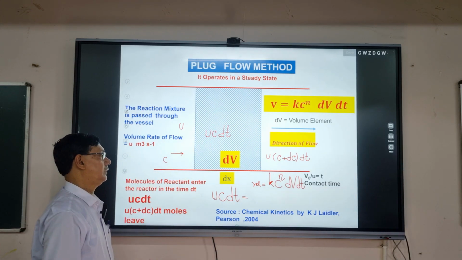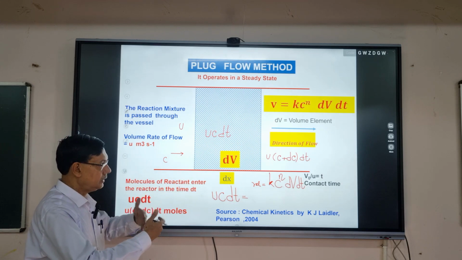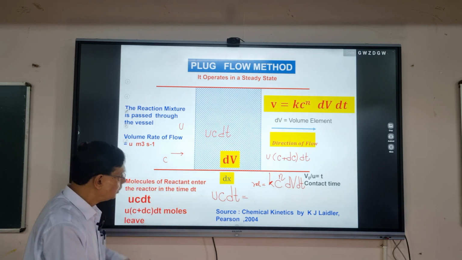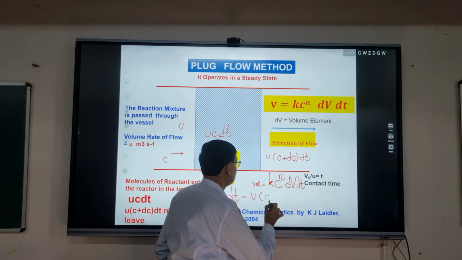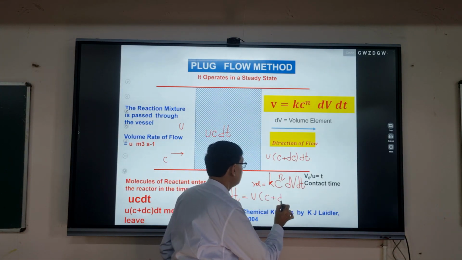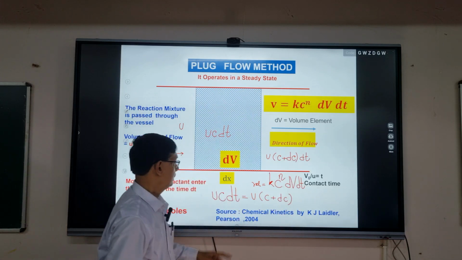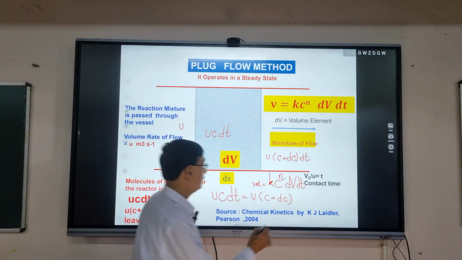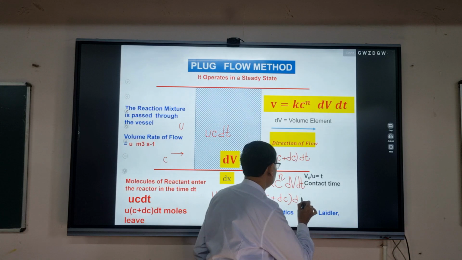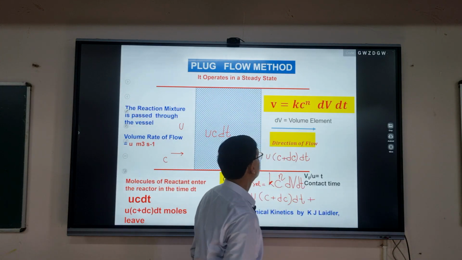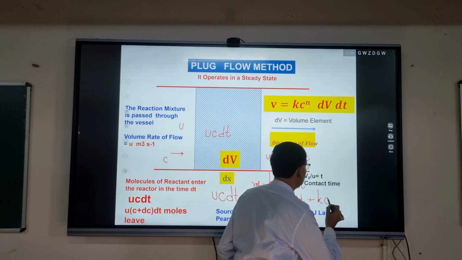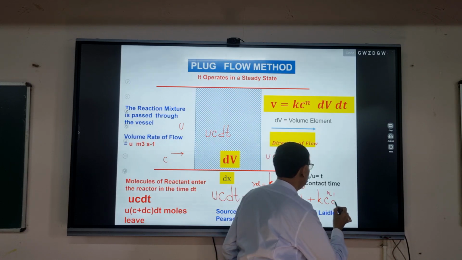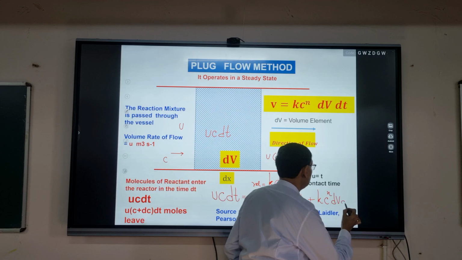There is a steady state equilibrium. It is equal to u times c plus dc, u (c plus dc) dt, plus k c^n dV dt.